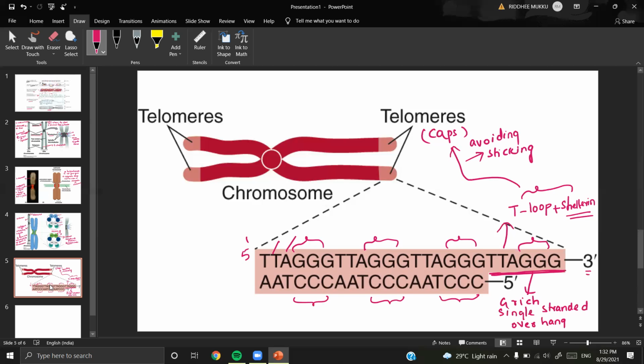I hope you understood that these G strands with the sheltering protein complexes form the caps called telomeres, which avoid the sticking of these chromosomal ends.